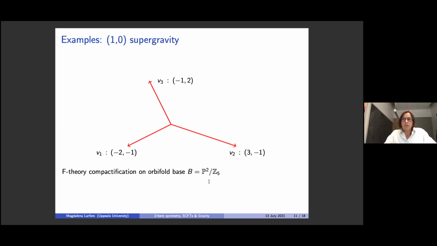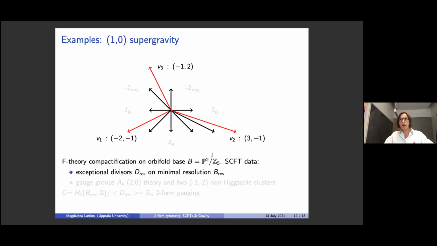So the base of this fibration will be an orbifold, which I pick to be P2 over Z5. And this I can encode in a toric diagram with 3 rays, which look like this. So this is now an orbifold, so it's a singular space.